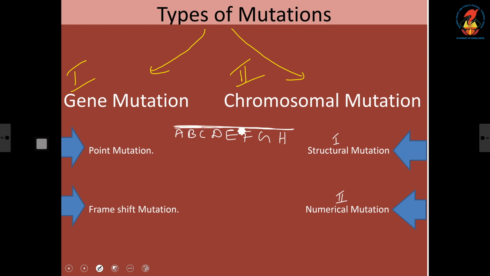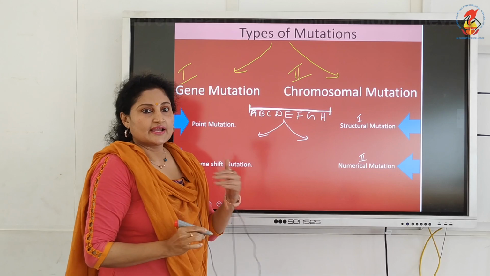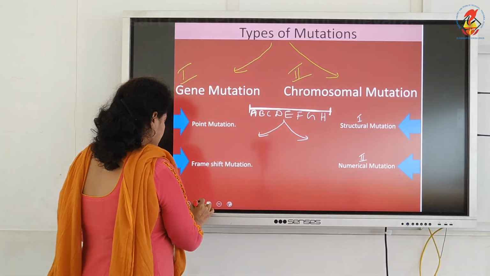Here gene stands for segments and each gene is represented by an alphabet, namely A, B, C, D, E, F, G, H. So, you know the length of the normal gene or DNA is so much, correct length. But we are going to see a situation where mutation has taken place, either deletion or addition of a segment.